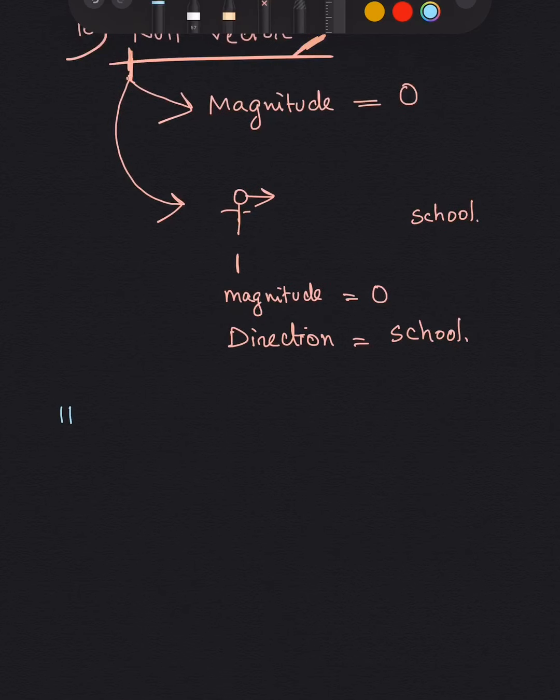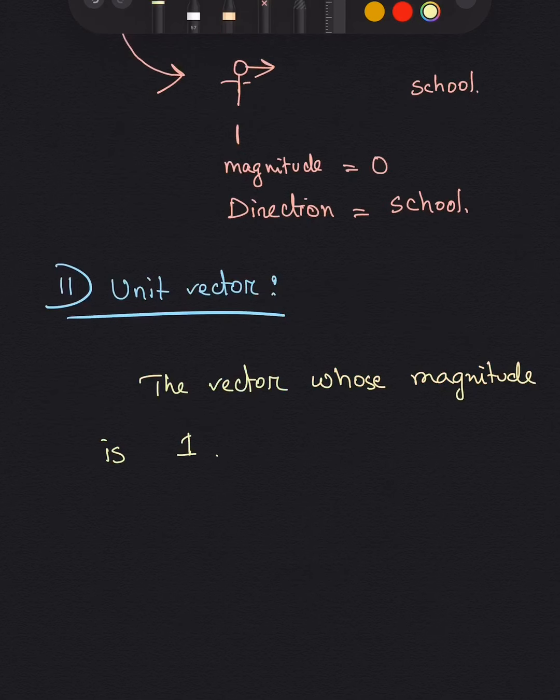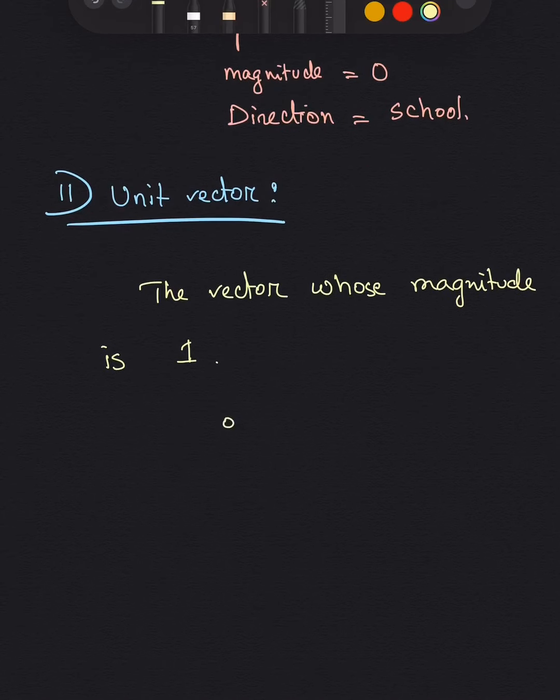Now coming to our 11th type of vector, which is unit vector, we get the vector whose magnitude is 1 is called unit vector. In this case, if you're traveling to your school, if you have proceeded only 1 meter, then this vector is called unit vector.